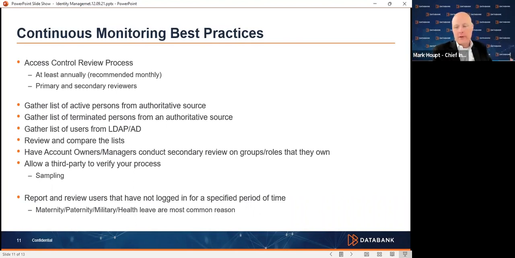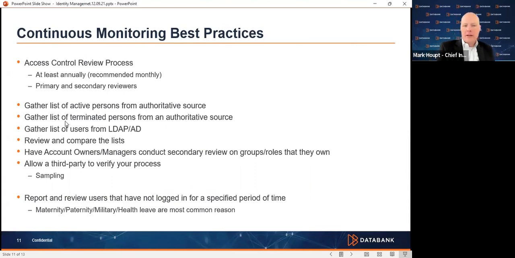And we'll do that on a quarterly basis, so we're not bugging everybody on a monthly basis. We're doing the secondary reviewer piece on a quarterly basis. Again, it's just a second set of eyes on the system to make sure that we're not missing anything. Just by human nature, even with automated systems, we're going to make mistakes, and this allows us to catch those mistakes early on and correct them.